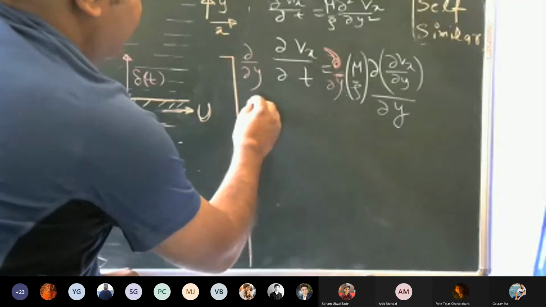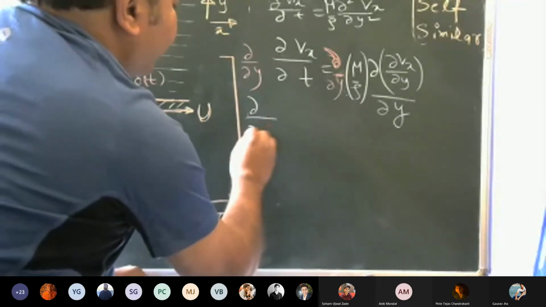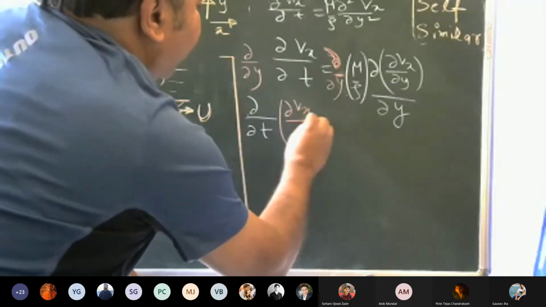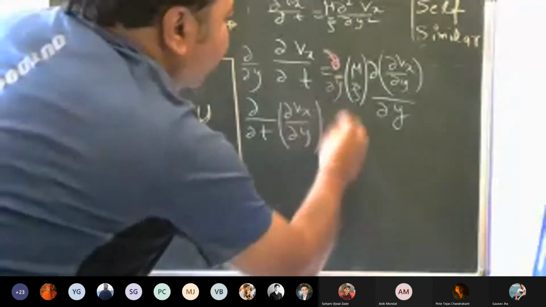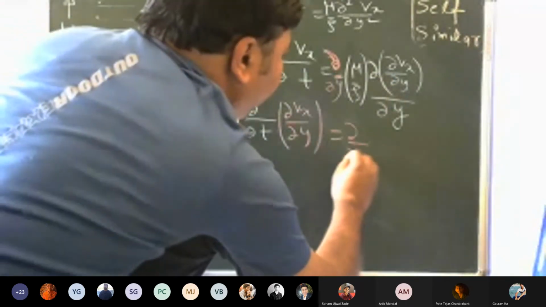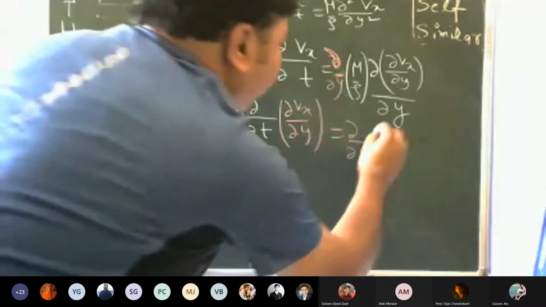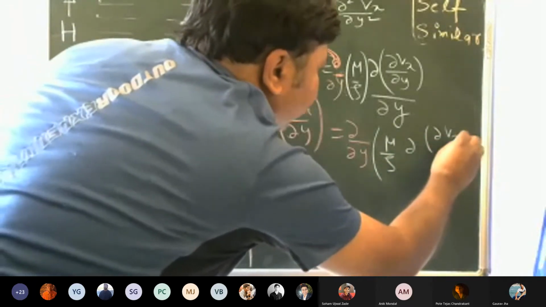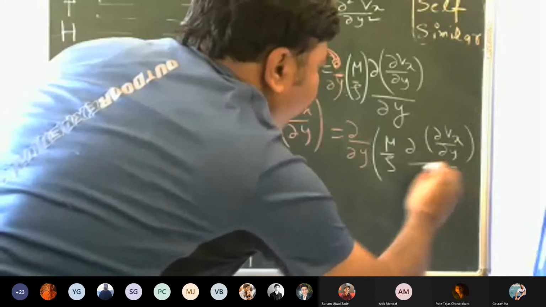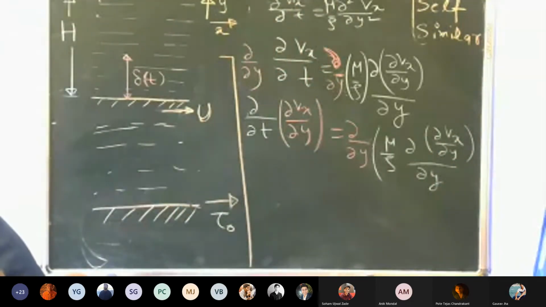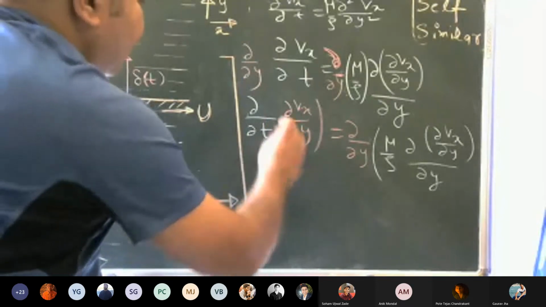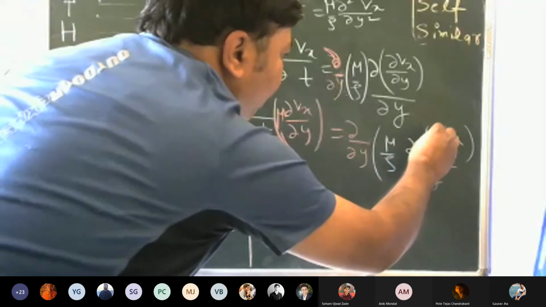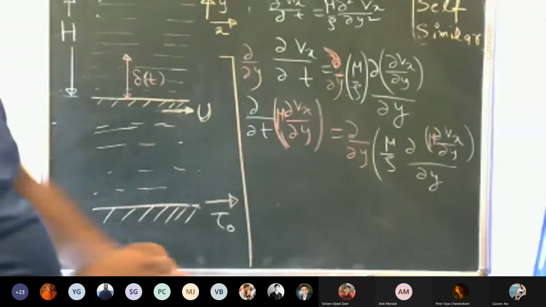So dou of dou t comes inside, and the other side we are not going to do anything, dou of dou y, mu by rho, dou vx by dou y. Then multiply both sides by mu, because we need mu here also.